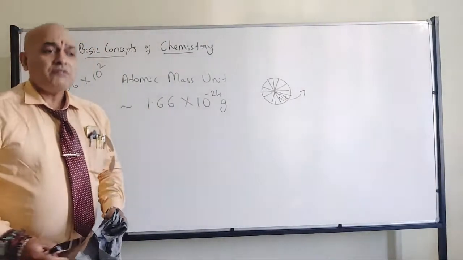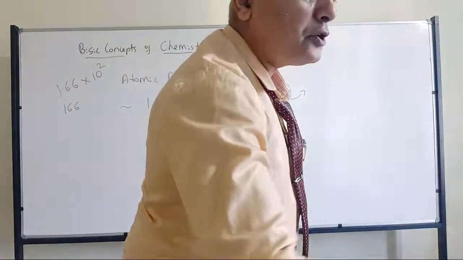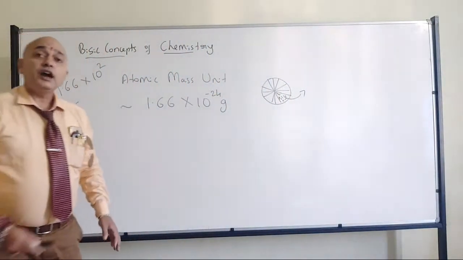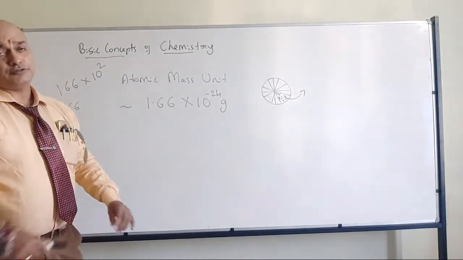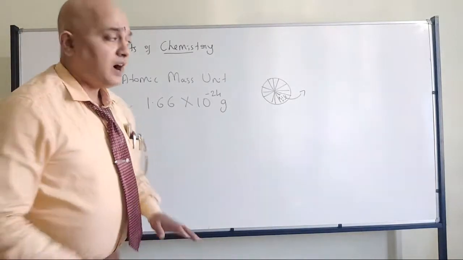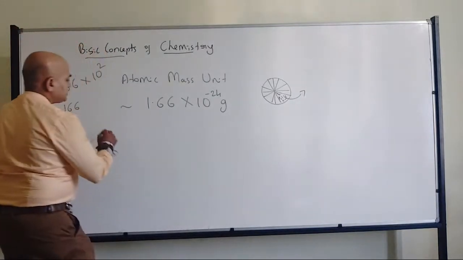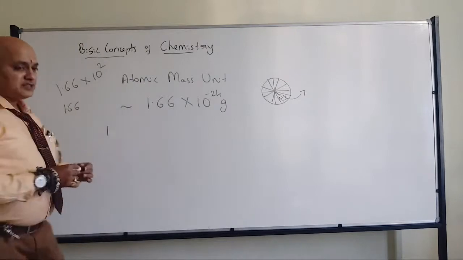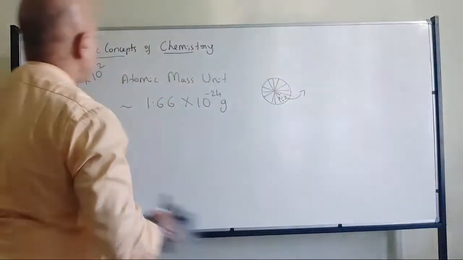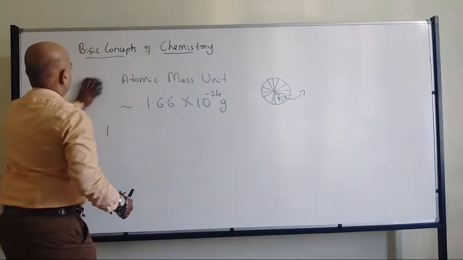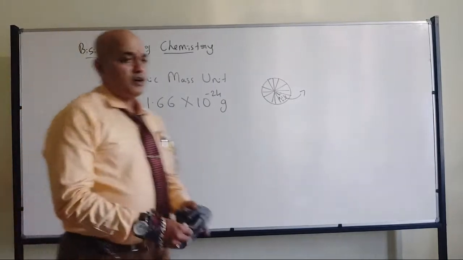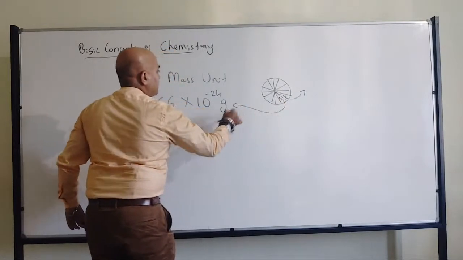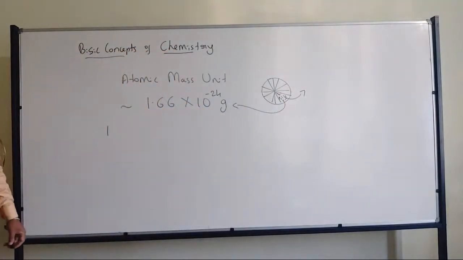Okay? Now we will see what will be the atomic mass unit of hydrogen. Now, if I take one hydrogen atom, this is with relation to mass, that is 1/12 of carbon 12 isotope. Whatever I have written on the board is the mass of 1/12 of carbon 12 isotope.